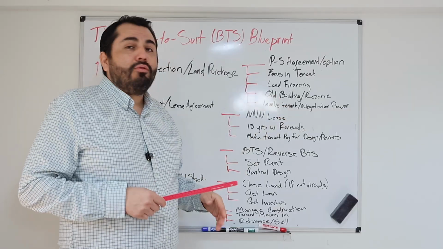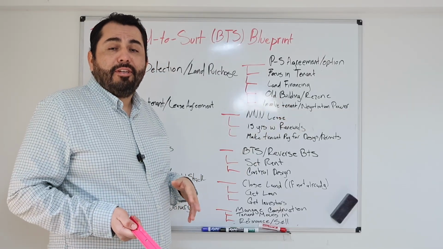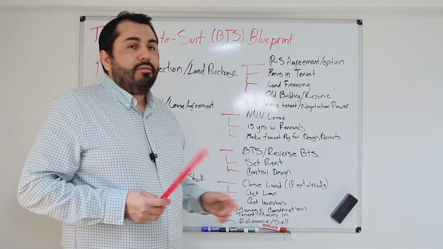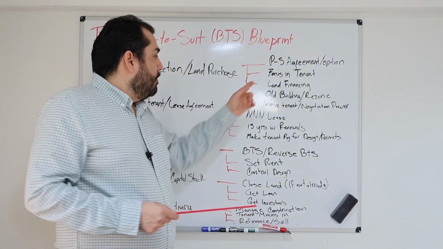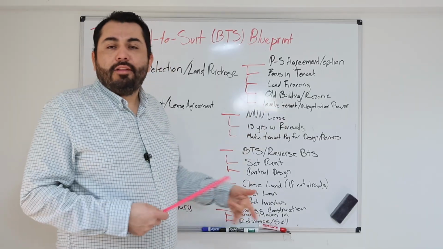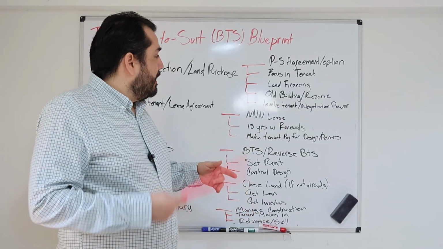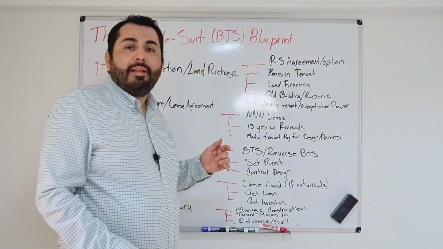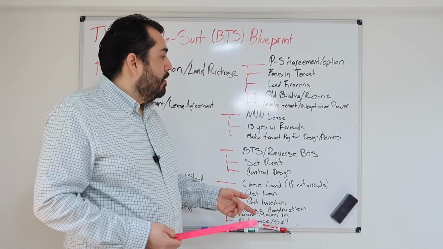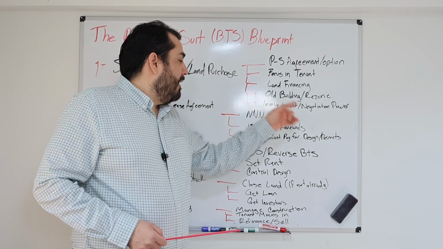For example, if you want to build an industrial project, you may find an old warehouse. You rent it out while you get all the permits and plans in place. Then once you get all the permits and find the tenant, you tear down that place, demolish it, and build the new project. That's a smart thing to do.